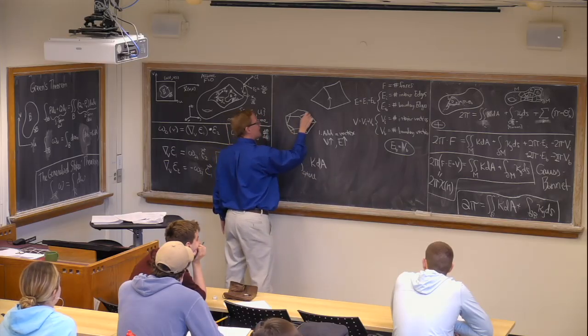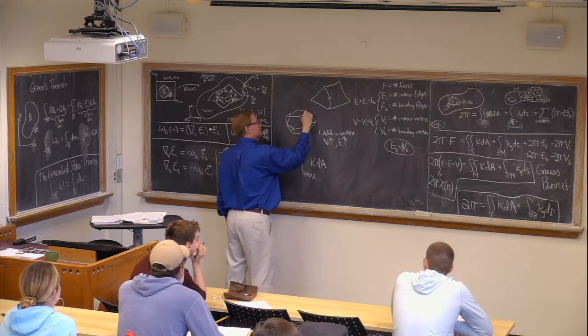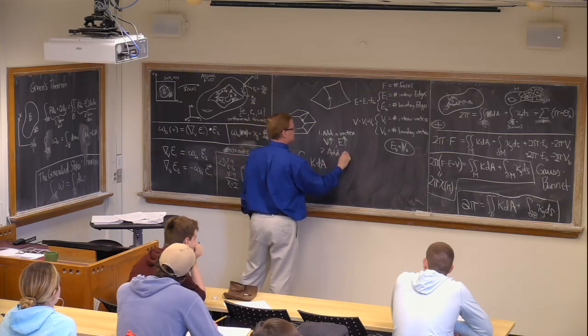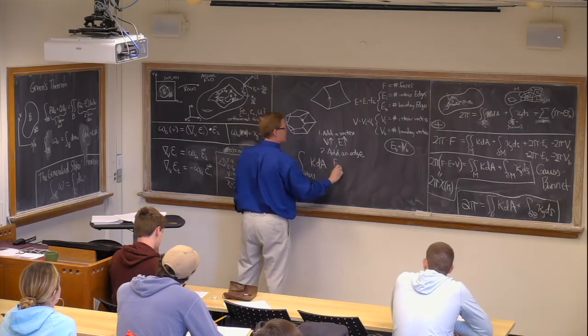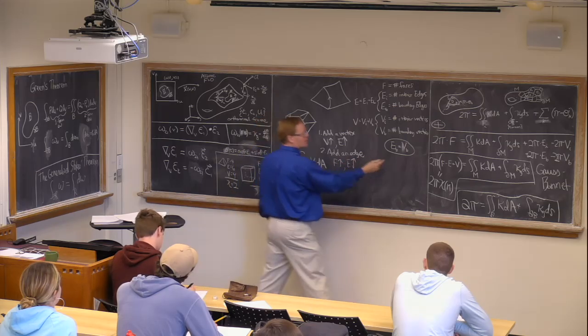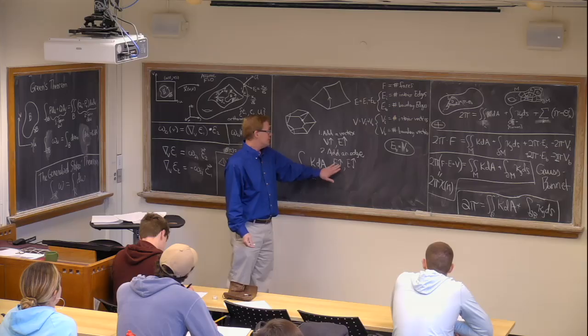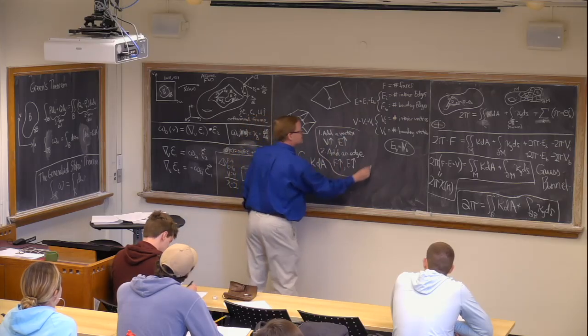What if I split a face in 2 from an existing vertex to another existing vertex, right? Well then, let's add an edge. Well then, the number of faces goes up by 1, right? And then I added an edge, so the number of edges goes up by 1. And again, f and e both go up by 1, but they have opposite signs, so again, the Euler characteristic doesn't change. And essentially, this is all you need to show.